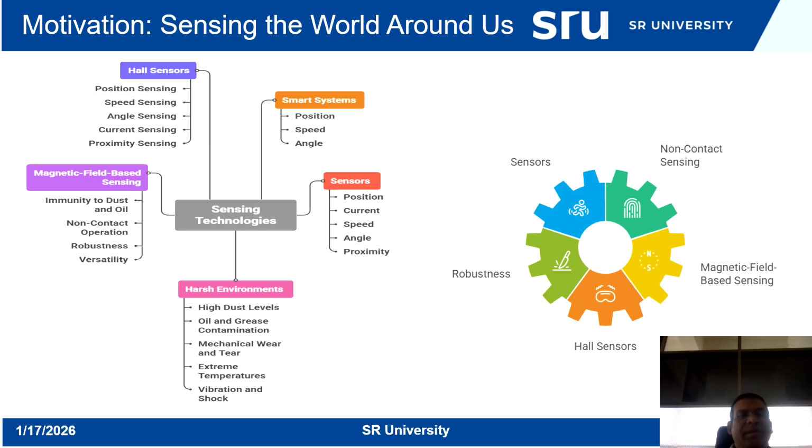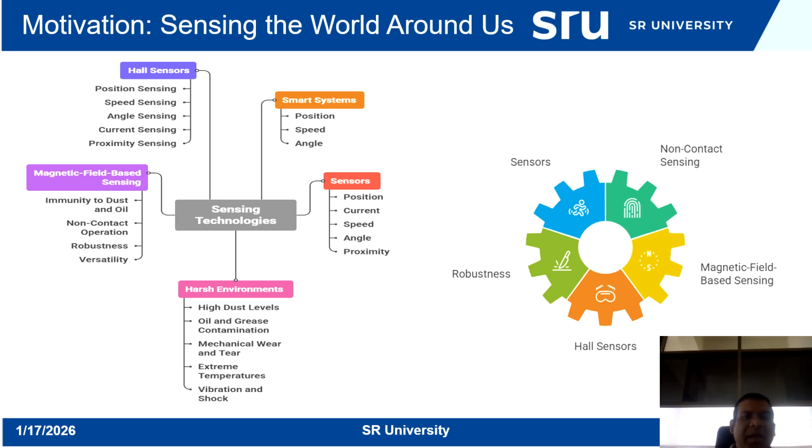Some common applications of Hall sensors include position sensing. So what is position sensing? It is detecting the position of moving objects such as a piston in an engine or a robotic arm. Then speed sensing. What do you mean by speed sensing? It is measuring the speed of rotating objects such as motor shafts or a wheel. Then angle sensing. What is angle sensing?